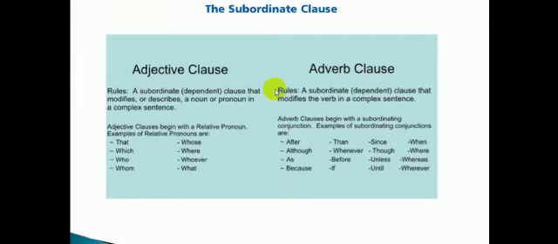It has subject and predicate, and it's used to describe a noun or a pronoun. But it must start with one of these relative pronouns that we have here: that, which, who, whom, whose, where, whoever, what.